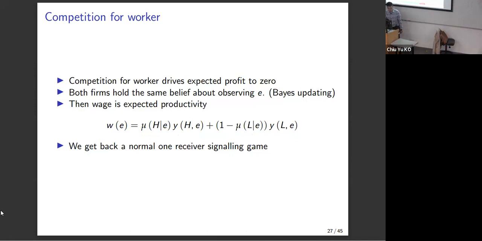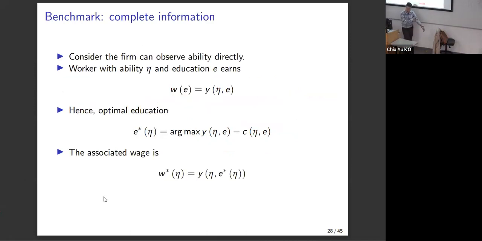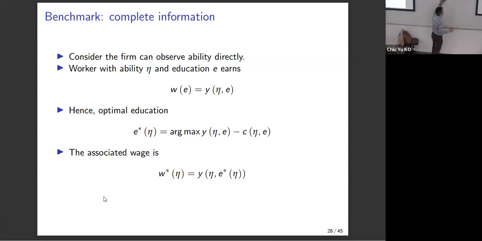Now next, let's look at the following case, which is what we would want to do in general: the case where there's no incomplete information. Suppose the firm is able to observe ability directly. So I know this is a high type or low type.